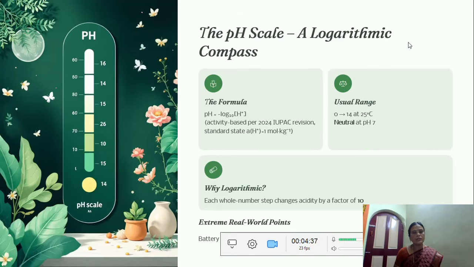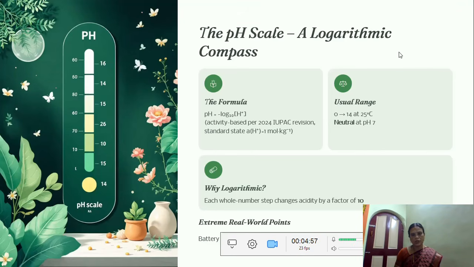So all acids have a pH range from 0 to 7, and for bases the pH ranges from above 7 to 14, and if the solution is neutral, it is equal to 7. Water has a pH of 7, which is a neutral medium.